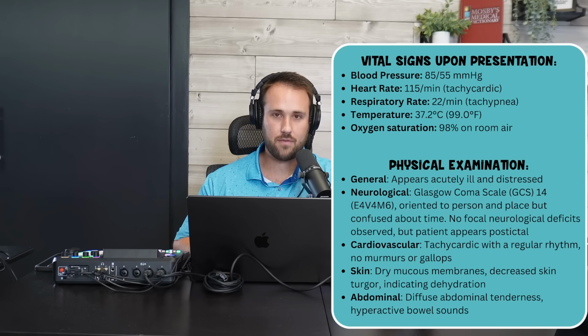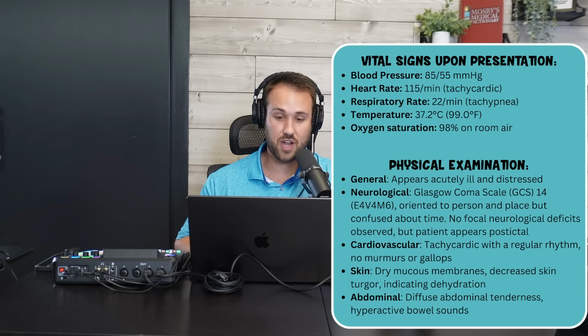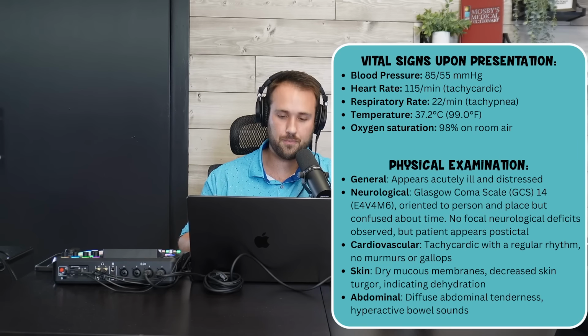All right, let's talk vitals. Her blood pressure is 85/55. Heart rate is 115. Respiratory rate is 22. Her temp is 37.2 Celsius, and her oxygen sat is 98% on room air. For her physical exam, the patient appears acutely ill and distressed. Her neuro exam: her Glasgow Coma Scale, or GCS, is 14. That accounts for an eye score of 4, verbal 4, motor 6.